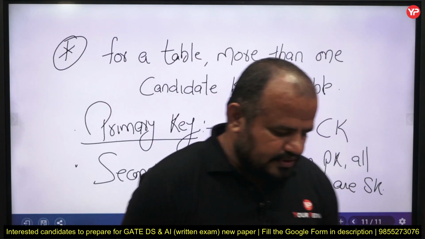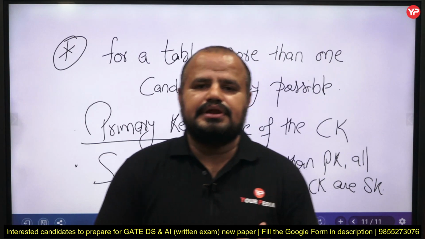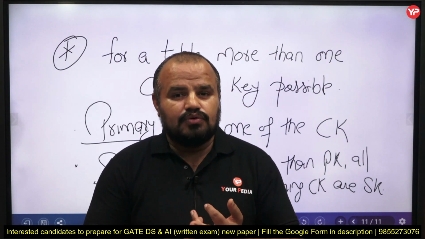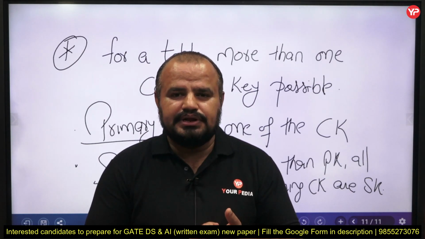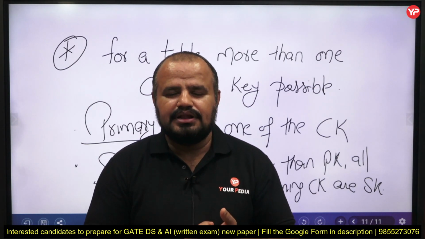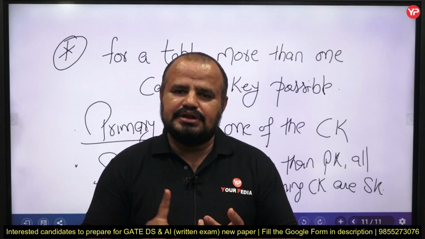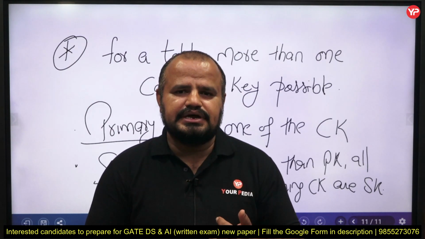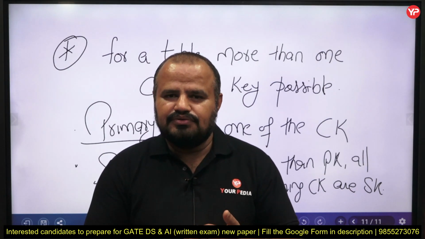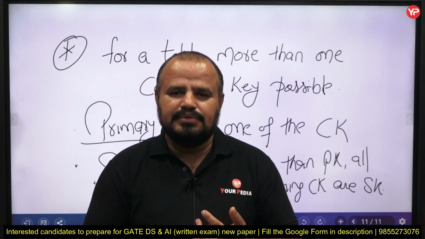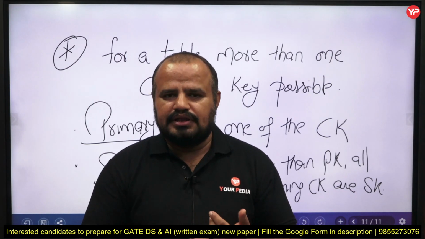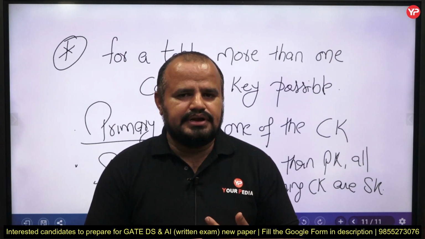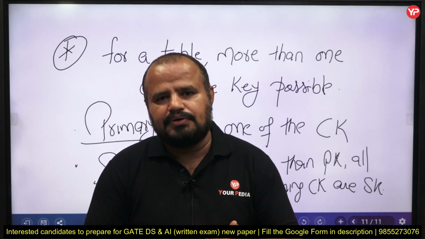So in this lecture we already discussed what is database, what is database management system, what is Codd rule, how data is stored in RDBMS in the form of table, what is arity, domain, what is cardinality, what is relational schema, what is relational instance, then what is the use of key, the definition is minimal set of attributes, then what is prime attribute, non-prime attribute, primary key, alternate key, simple key and compound key.